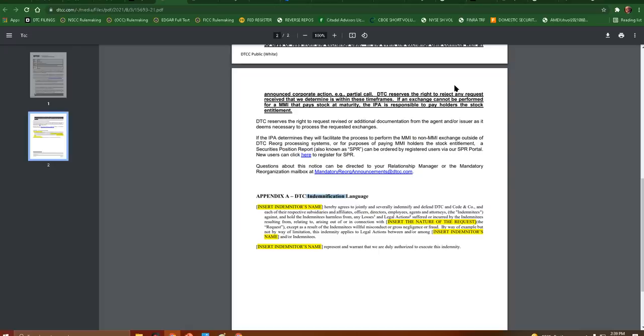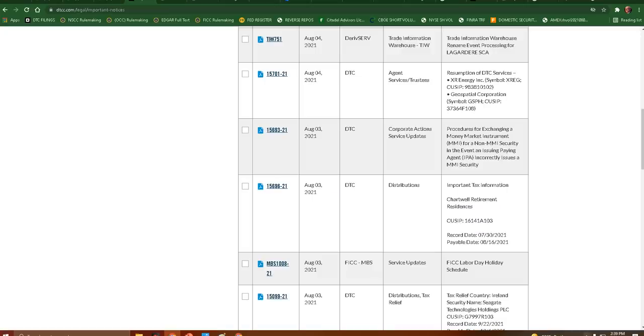By way of example, but not by way of limitation, this indemnity applies to legal actions between and or among insert indemnitor's name and or indemnitees. Insert indemnitor's name represent and warrant that we are duly authorized to execute this indemnity.